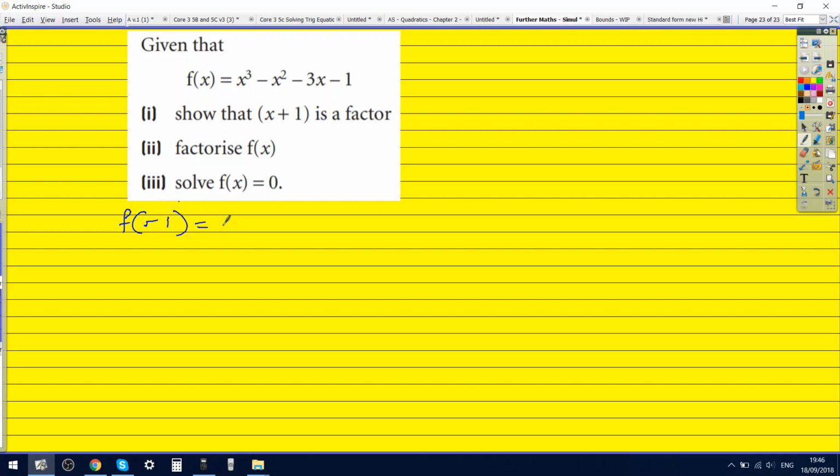And so for the method mark, you have to actually sub in the minus 1 like you've just started doing. Okay, so minus 1 cubed minus, and then I'll put them in brackets so it's a bit easier to see. Minus 1 squared minus 3 times minus 1 minus 1. What answer should you get? We should get 0 here. And I'm sure you will. Is that full marks? Therefore, x plus 1 is a factor of f of x.